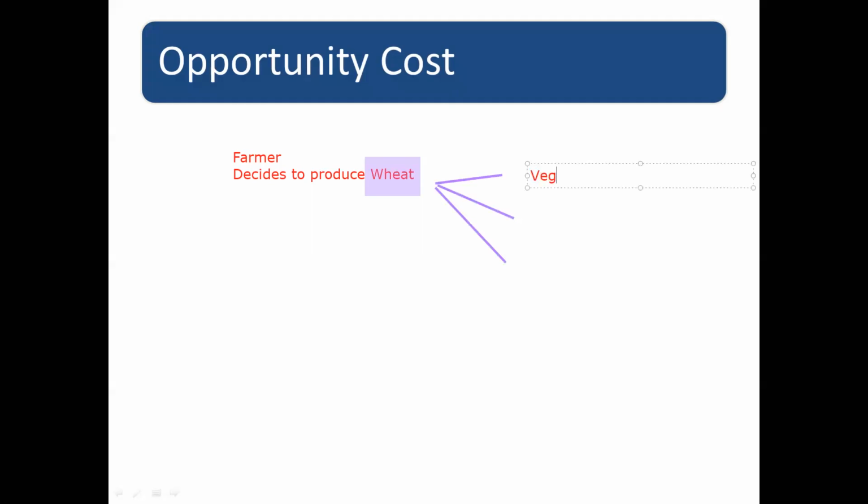He could produce vegetables. He could cultivate sugarcane. Or he could use the land for rice, season में उस टाइम नहीं था, cereal ले लेते हैं.